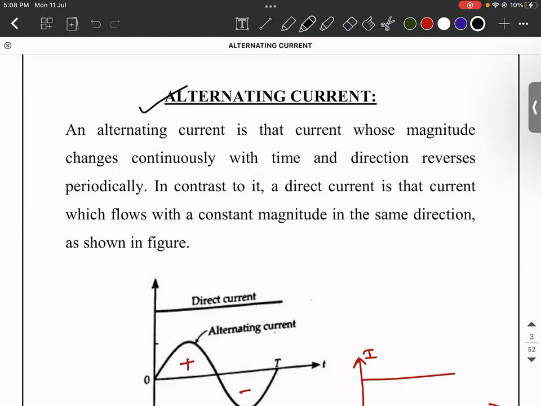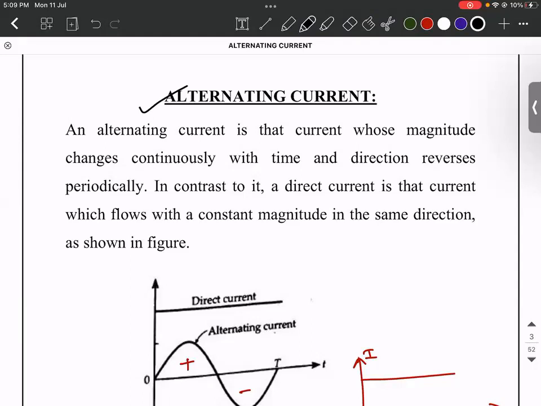The alternating current is that current whose magnitude changes continuously with time and whose direction reverses periodically. Direction changes periodically means the direction reverses periodically.